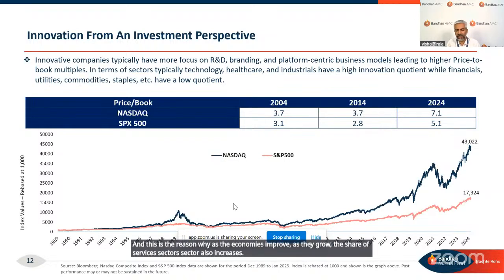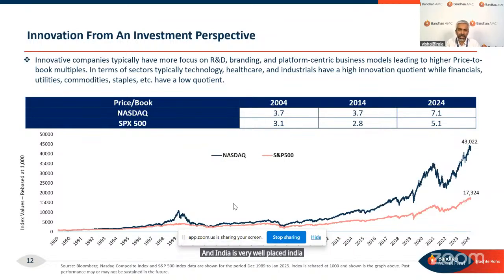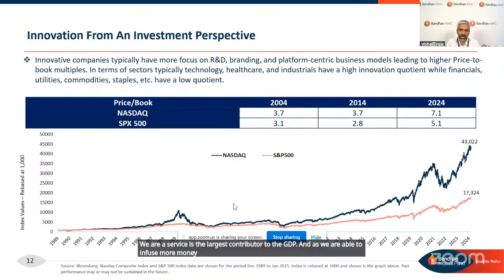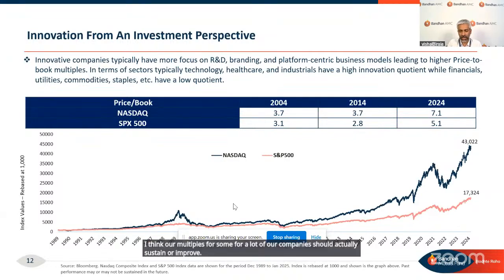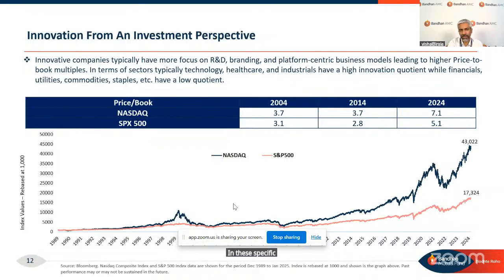And India is very well placed. India today, 65% of the GDP comes from consumption. Services is the largest contributor to the GDP. And as we are able to infuse more money in R&D and innovation, I think our multiples for a lot of our companies should actually sustain or improve in these specific sectors at least.